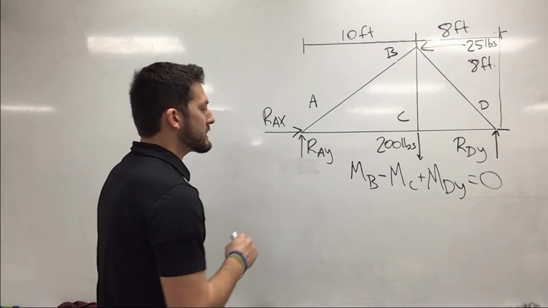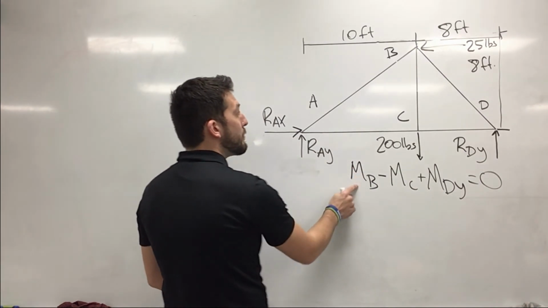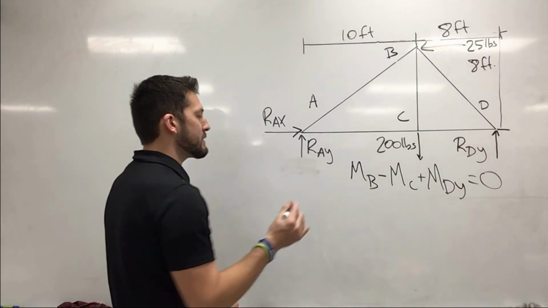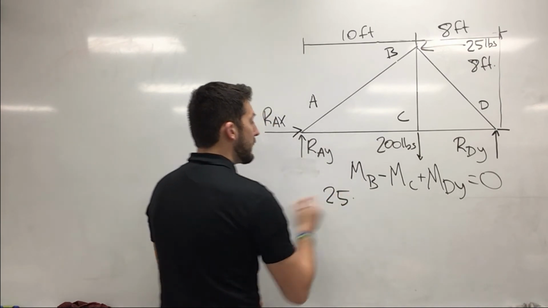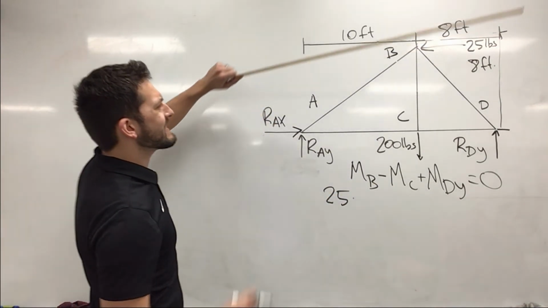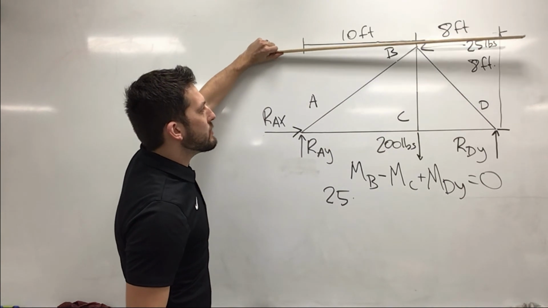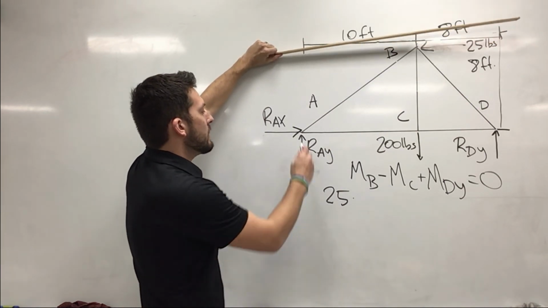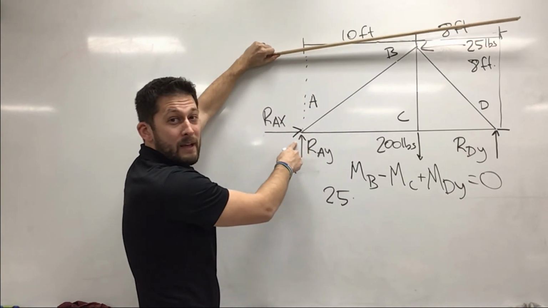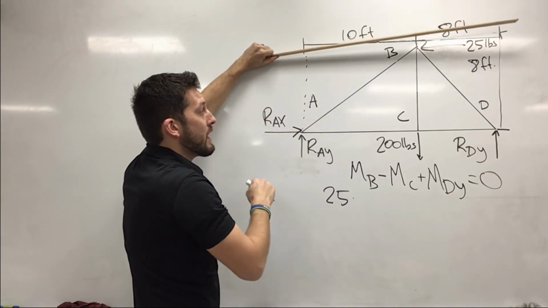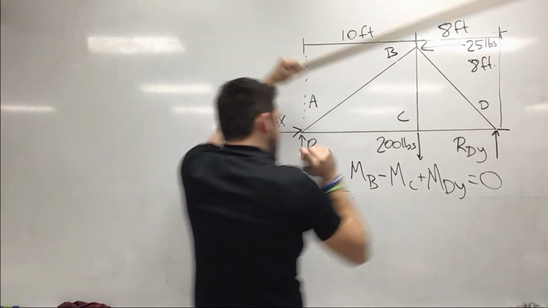So let's start breaking this down. For joint B, my moment is force times distance, so I have a force of 25. Now let's think about my distance. If I were to continue that force all the way over here, from my fulcrum, my distance would be from my pivot up to my meter stick right there, which in our case is going to be 8 feet.